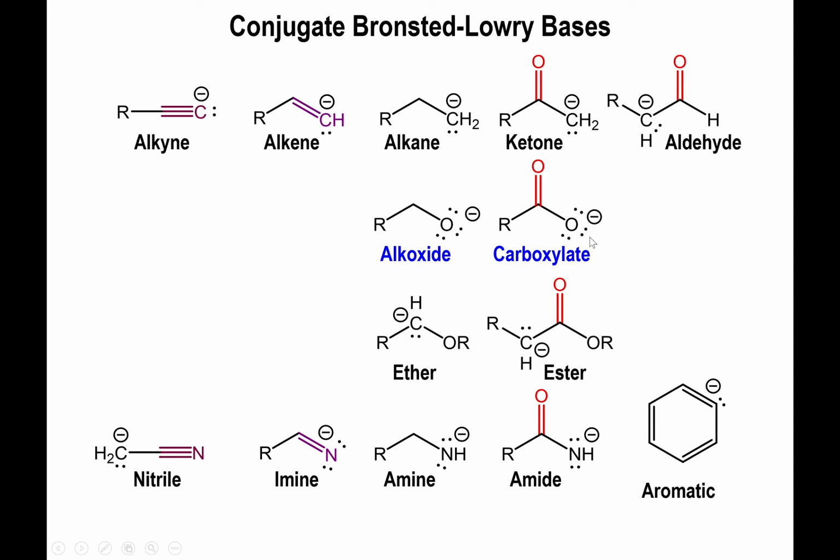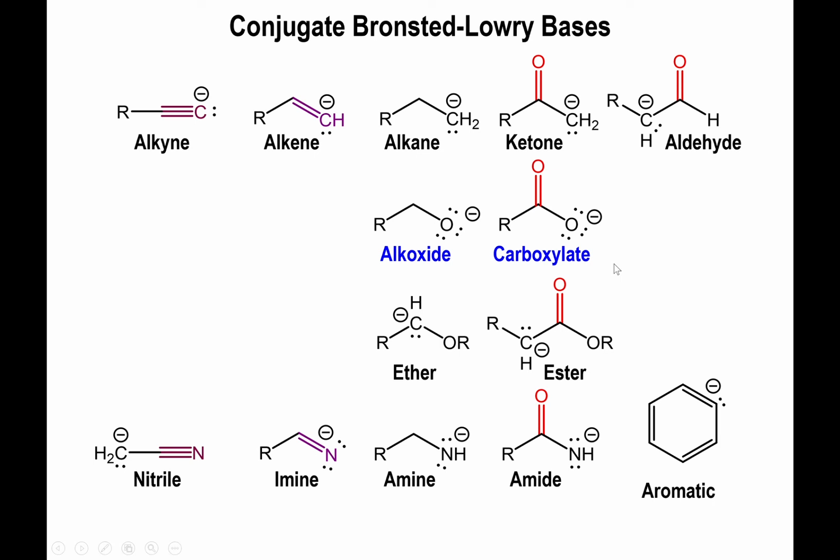And then for your carboxylic acids or your alcohols, you do remove the H from the oxygen. That tends to be the more acidic position. When you do that, the alcohol becomes what we call an alkoxide, and the carboxylic acid becomes a carboxylate. This is reminiscent of what happens with nitric acid: remove the proton, it becomes nitrate.